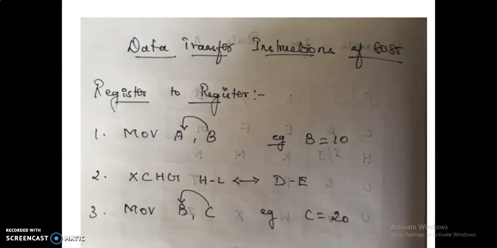For example, the value 20 is stored in register C. The value 20 is moved to register B, and it also remains in register C. So register B has the value 20 and register C also has the value 20. This is the data transfer instruction where data is transferred from register to register.